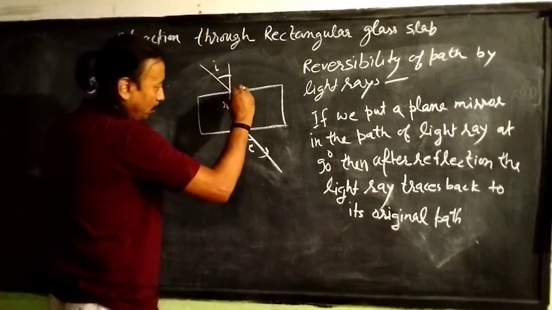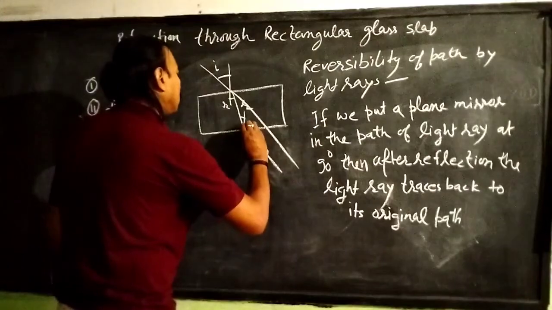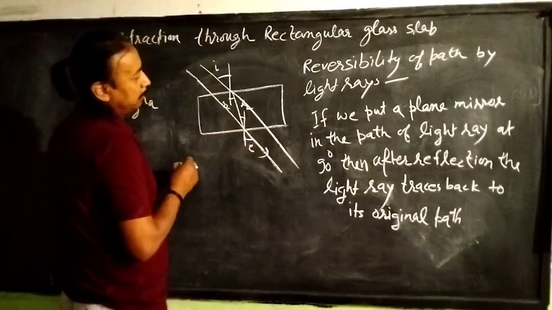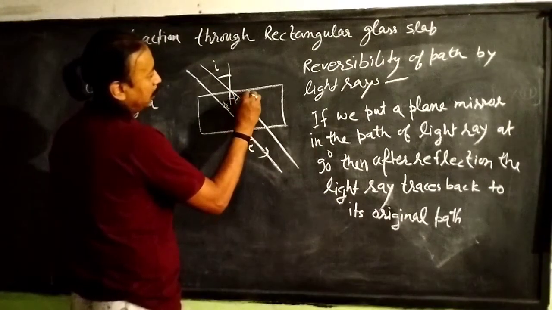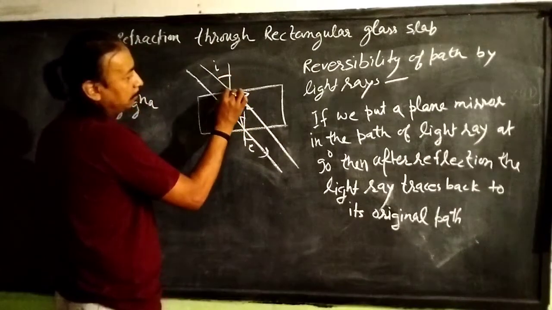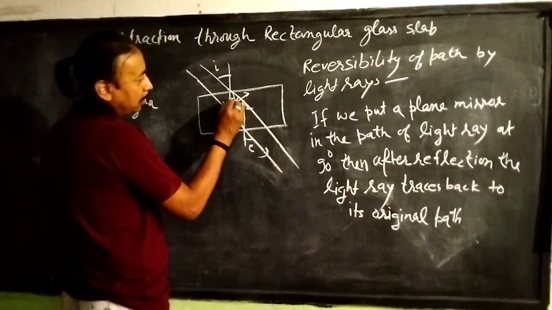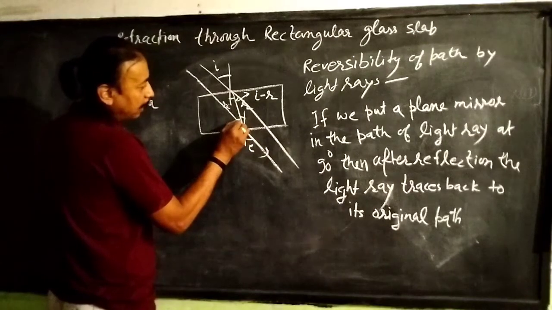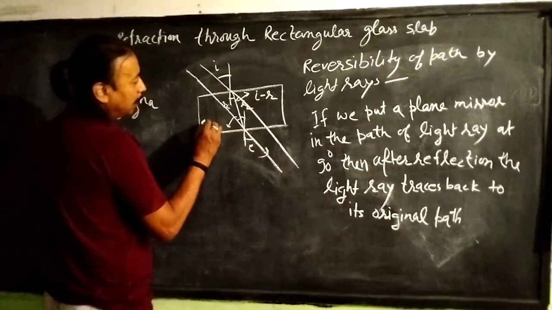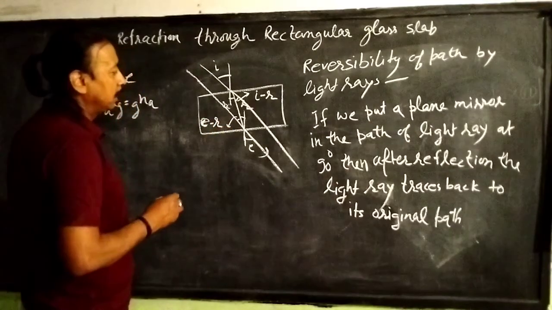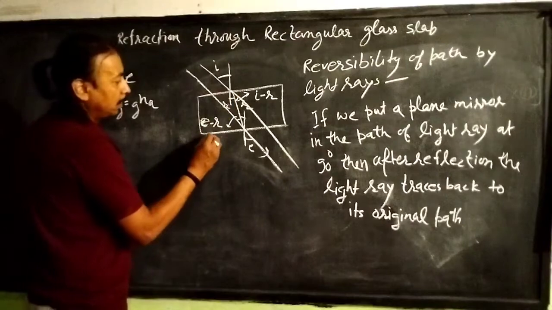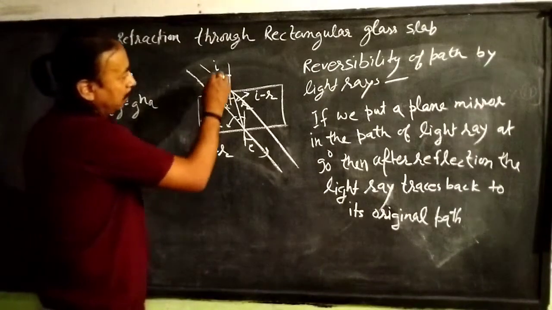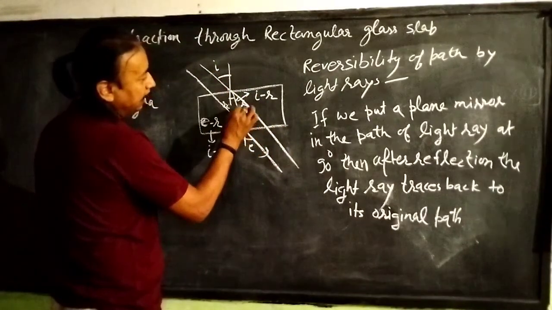If we produce this ray and this ray in the backward direction, this whole angle equals I by the vertically opposite angle, and this is R, therefore this angle will be I minus R. Similarly, this angle is also E minus R, and because E is equal to I, this angle will also be I minus R. Hence we see that both the rays are parallel because alternate angles are equal.